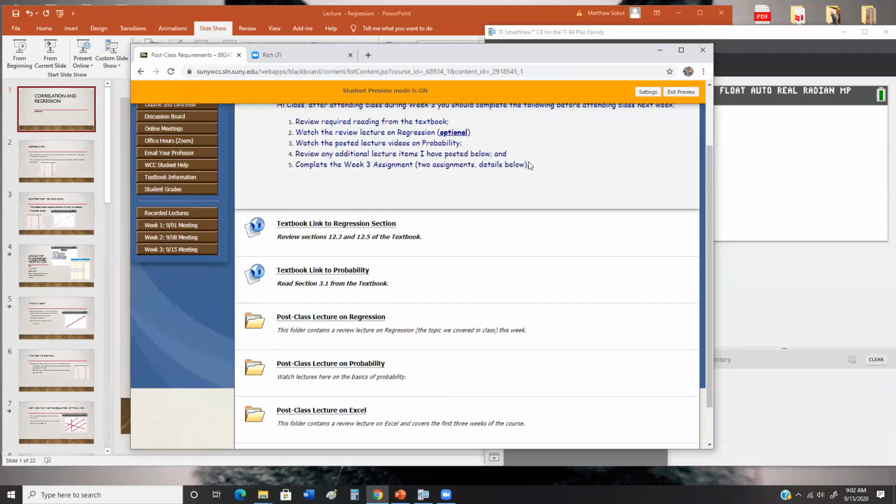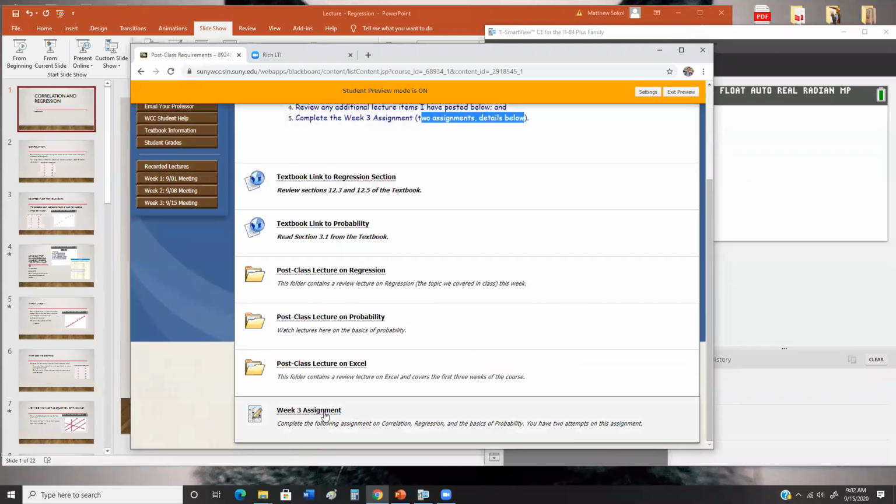Ignore this part, there's a little bit of a typo here. There's only 1 assignment. Sorry about that. It's 12 questions and it's half probability, half regression. I promise you by the end of today's lecture, you'll be able to do the regression stuff no problem. And the probability stuff is really easy to learn on your own, to be able to handle the quiz this week.